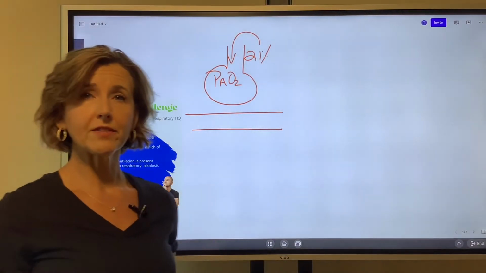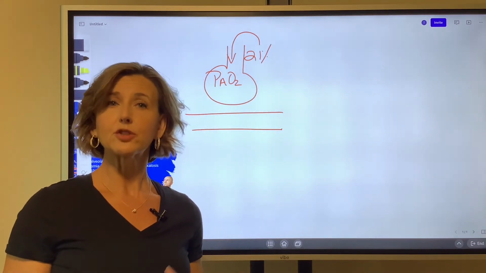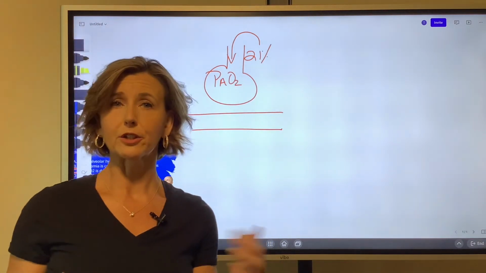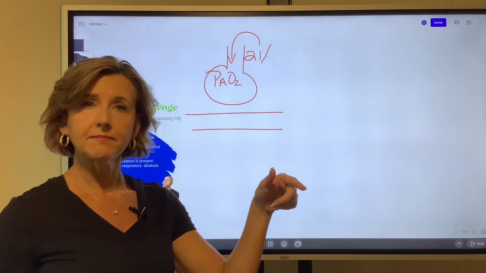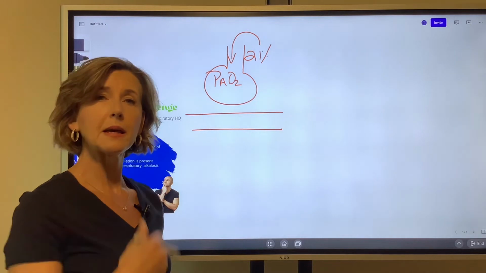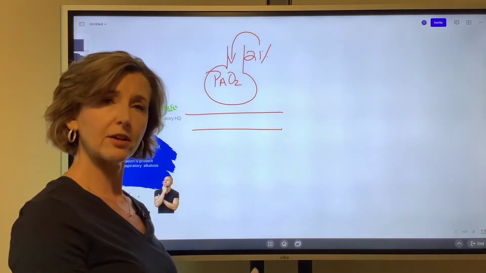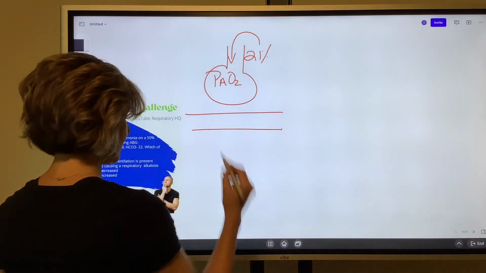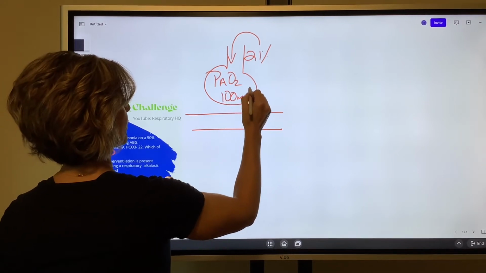Now, if you're not given the barometric pressure and you're not given a CO2 on a blood gas, you're going to need to assume absolutely normal values, okay, or barometric pressure, assume 760. So 760 minus 47 times 0.21 minus the CO2, and we're calculating this on room air, so we're going to say the CO2 is 40 times 1.25. And that makes our PAO2 roughly right about 100 millimeters of mercury.